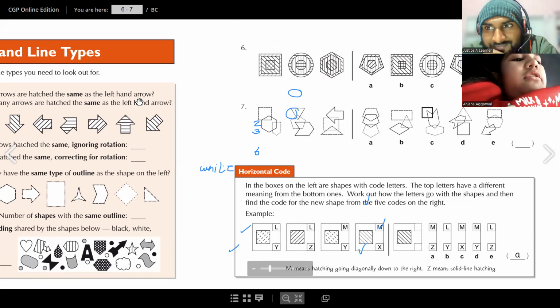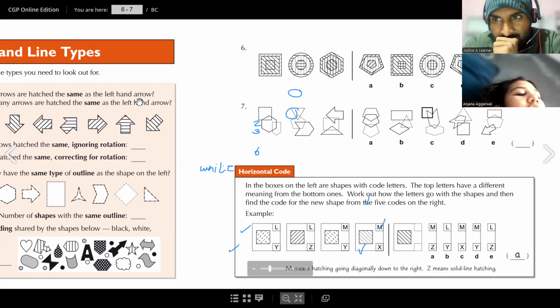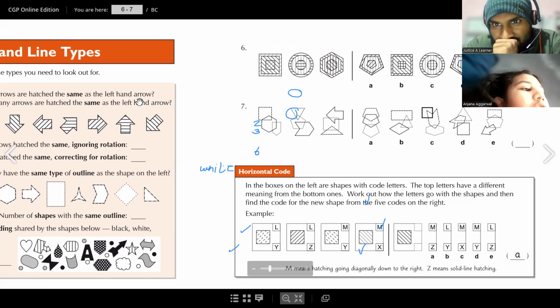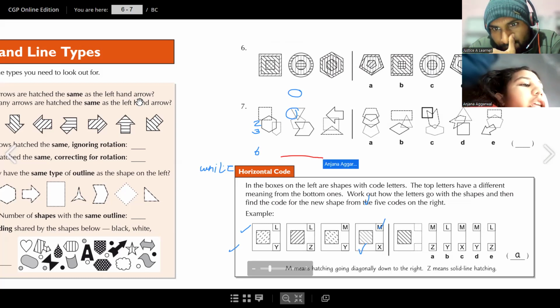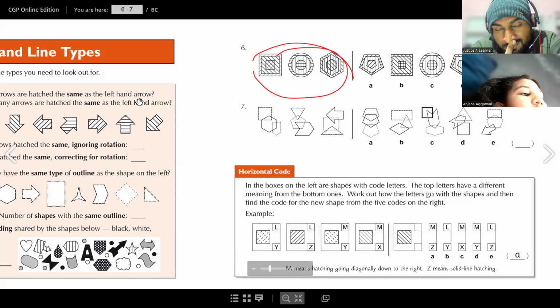I got one circular as my answer. Don't we need the ones that are different to these? What is your answer? But what do we need to do again?